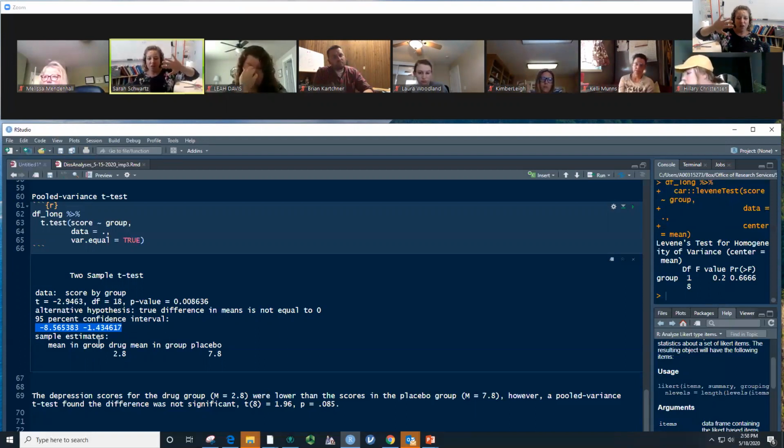It's 5 lower, but it might have only been 1.5 lower in the population, or it might have been 8.5 lower in the population. 5 is our best guess, but if we really want to be sure, we can be 95% sure it's somewhere in between 1.5 to 8.5 points lower. That gives us a margin of error range where we can be more sure. Our point estimate of 5 is our best guess, though.